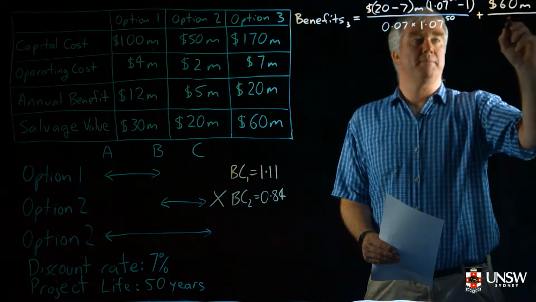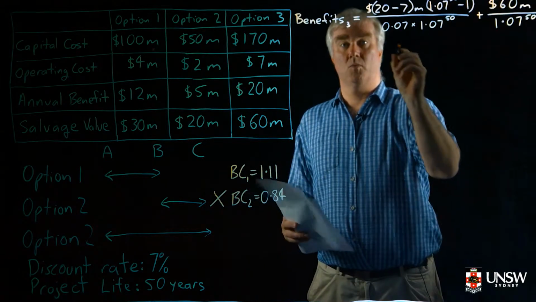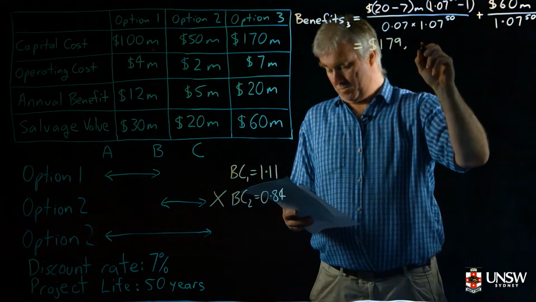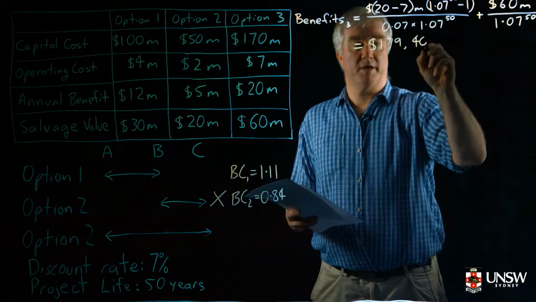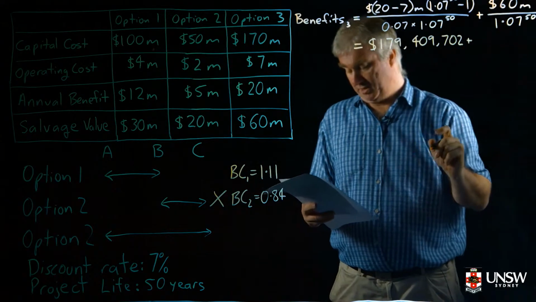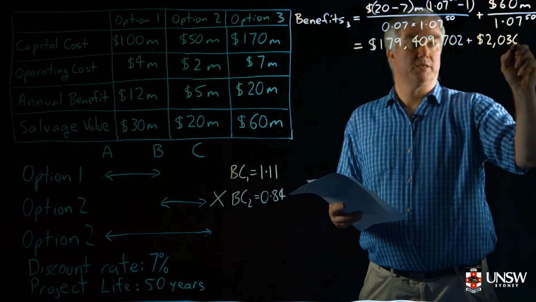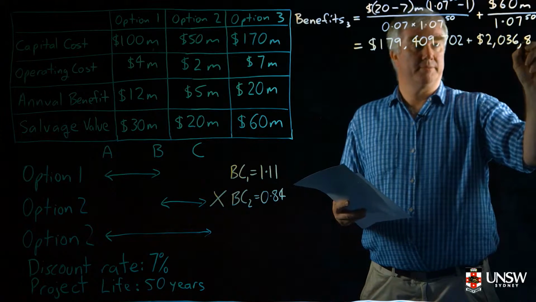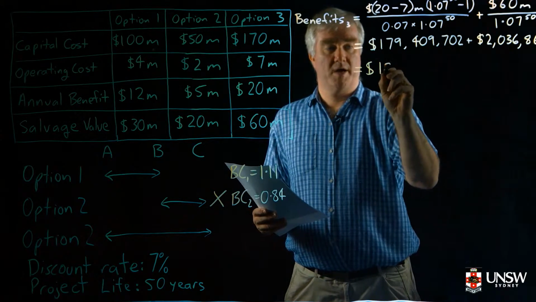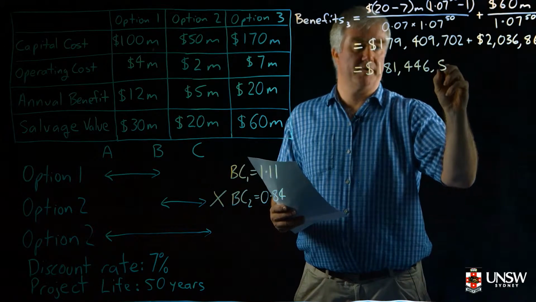Once again, it's a single payment, so it's going to be divided by 1.07 to the power of 50, which gives us $179,409,702 plus, for the salvage part, $2,036,866, which gives us $181,446,567.